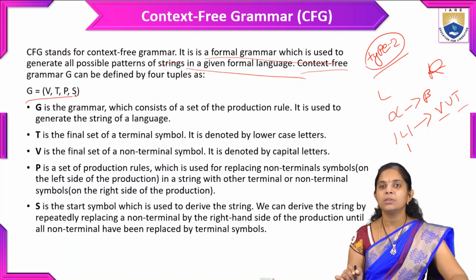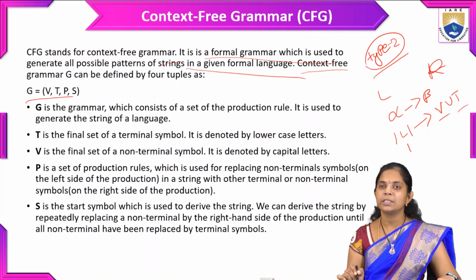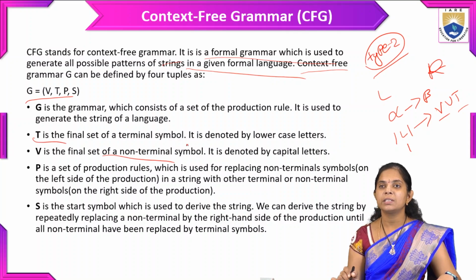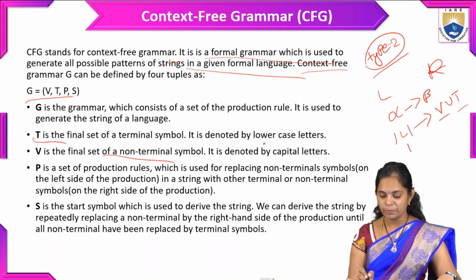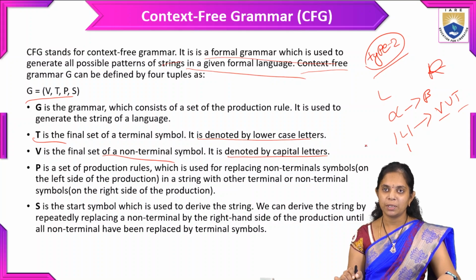Usually the grammar is a 4 tuple notation. V represents a finite set of non-terminal symbols, and T represents a finite set of terminal symbols. Generally T is represented with lowercase letters, and V is represented with capital letters.